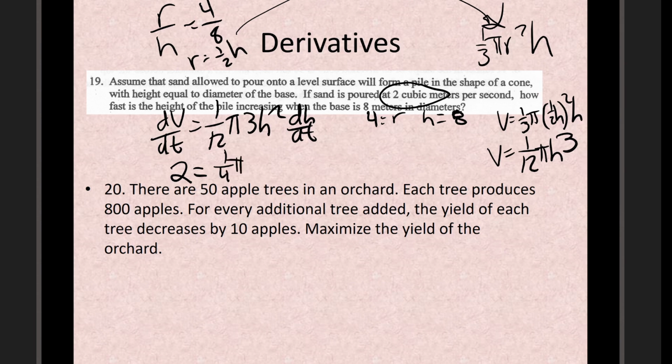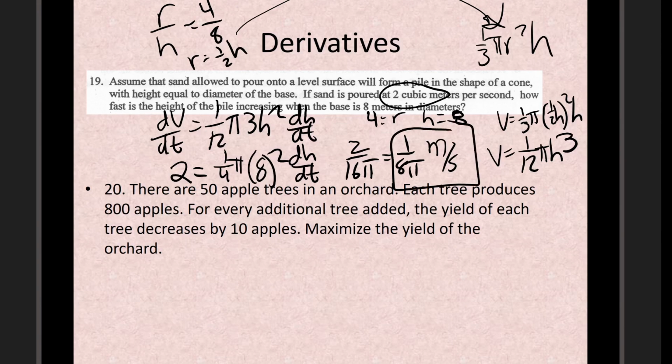H is 8. And this is all I have to solve for dh/dt. So 64 divided by 4 is 16, so it's 2 over 16 pi, or 1 over 8 pi. And it's a rate of change of a height, so it's in meters per minute. Booyah.